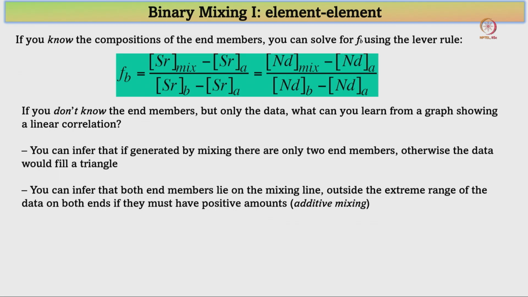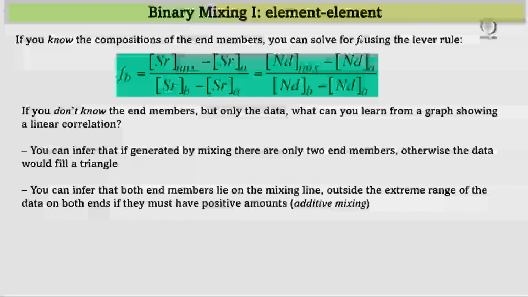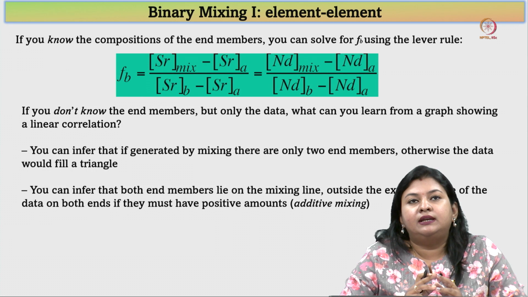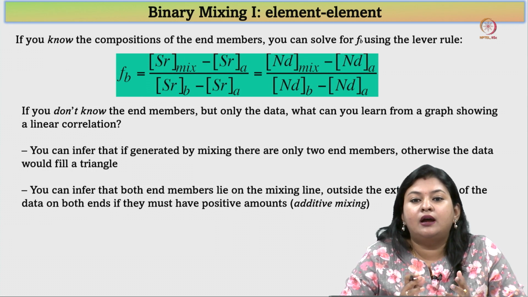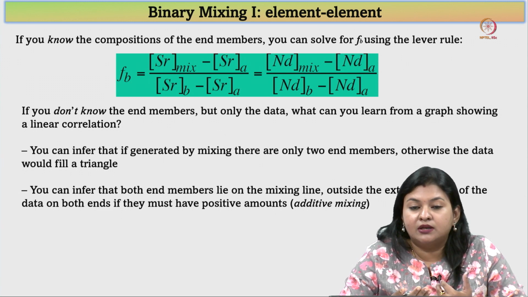So, what happens if you are confused about the number of end members? When you are working with a system, for instance, say you are working with a lake, then you know what the hydrological end members are.